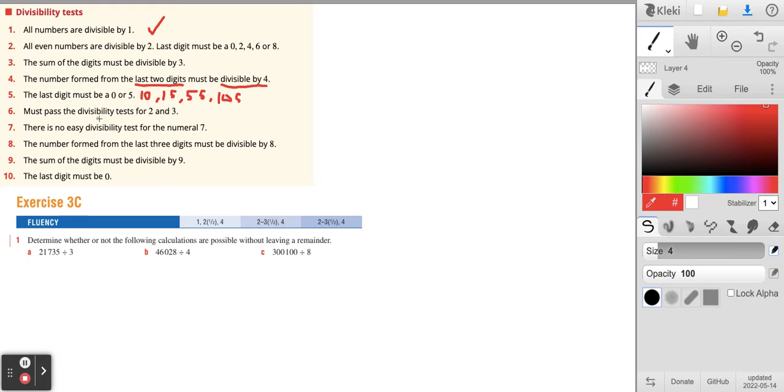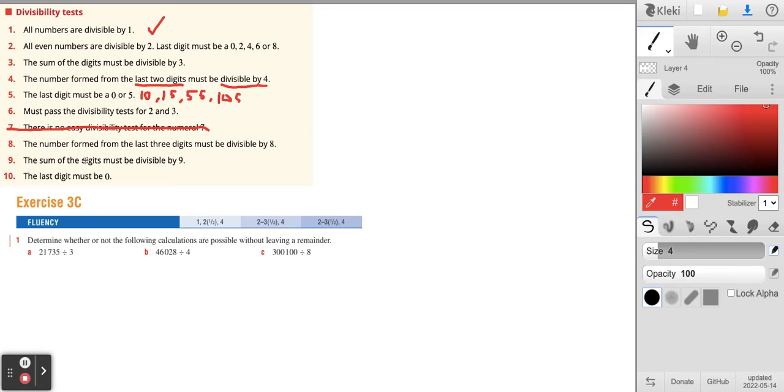Now for 6, you just have to check if it passes the tests for 2 and 3. So it has to be even, and when you add all the digits together, it must be divisible by 3. Don't worry about 7, because it's quite a difficult test to recall.